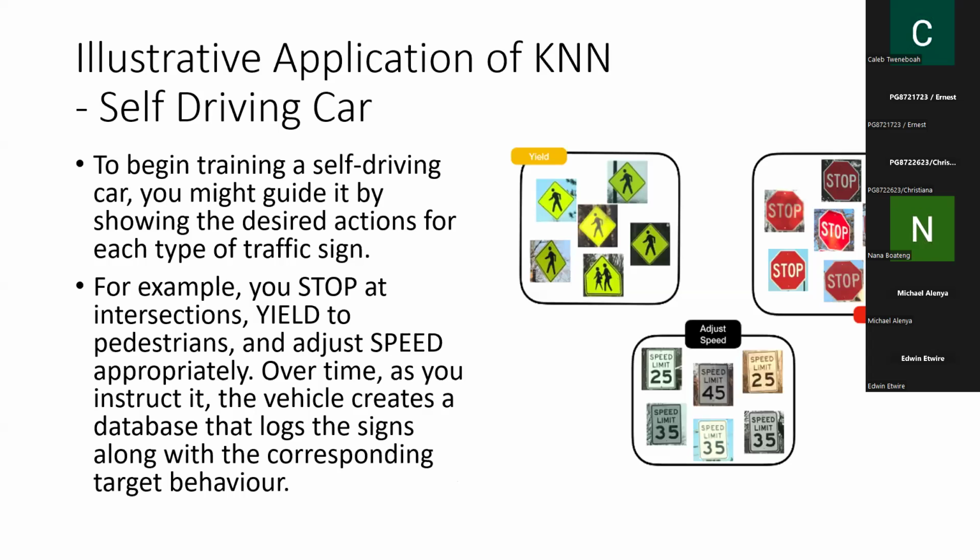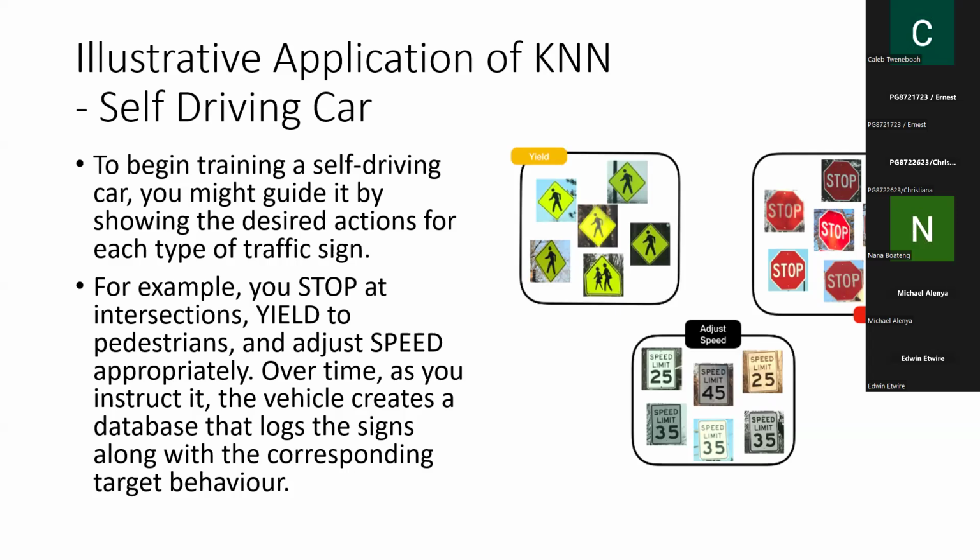Let's look at another example of how KNN can be applied. Let's take an example of a self-driving car. Nobody is driving the car. So how does the car know when to stop? How does the car know when it has reached a pedestrian crossing and that it needs to yield?